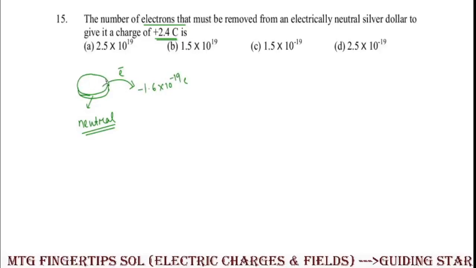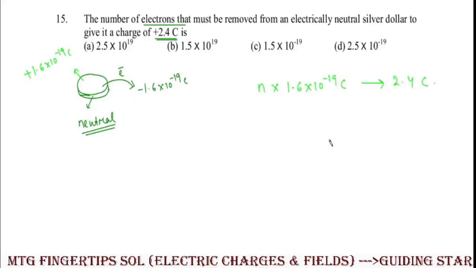That means if we remove one electron, then this dollar coin will gain a positive charge of 1.6 into 10 to the power minus 19 coulomb. Clear? So similarly, how many electrons will be removed such that n times of 1.6 into 10 to the power minus 19 coulomb will result in 2.4 coulomb.